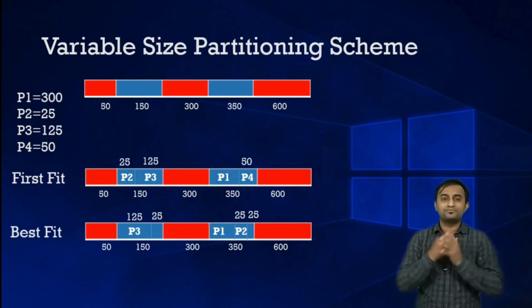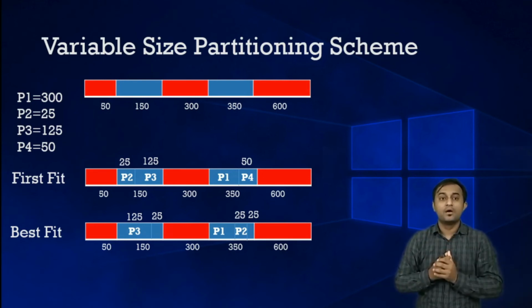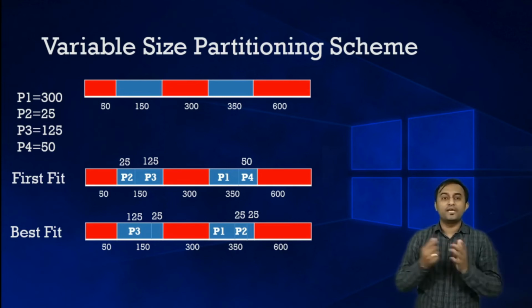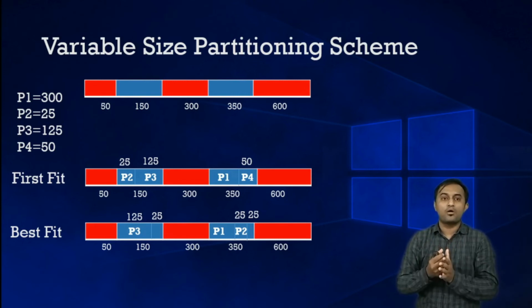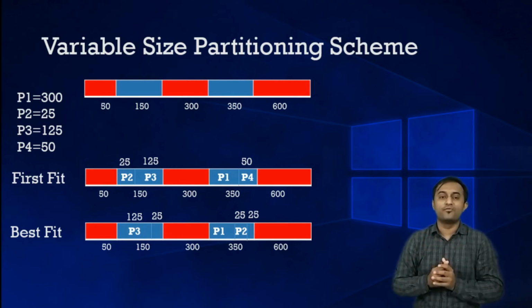Okay. Now the third request is P3. P3 requires 125 KB. So again it will check, yes, the 150 KB block is capable enough to accommodate that process. So 125 can be easily accommodated in the 150 block. Now the remaining block is nothing but 25 KB.